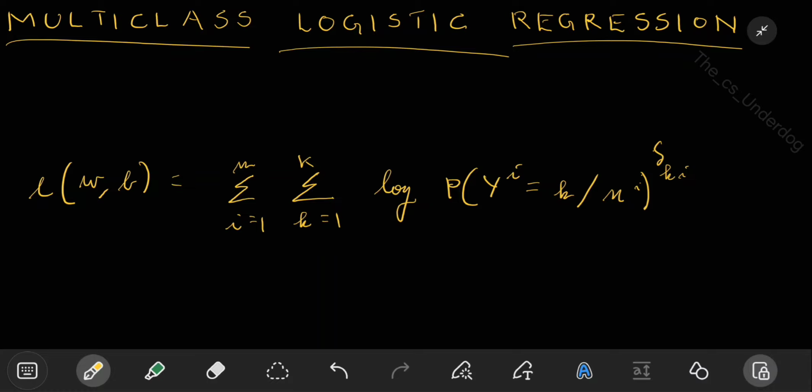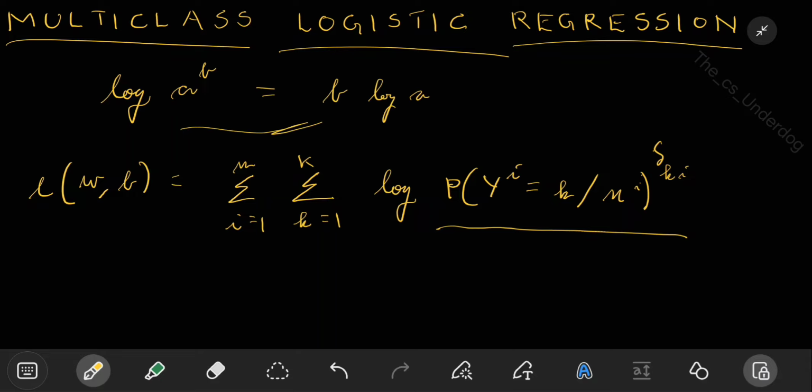If I simplify this further, log of a raised to b can be written as b log a. That is, if you have log a power b, this is the same as b into log a. Using this formula, you can rewrite this as sigma i is equal to 1 to m, sigma k is equal to 1 to K. This delta will come before the log.